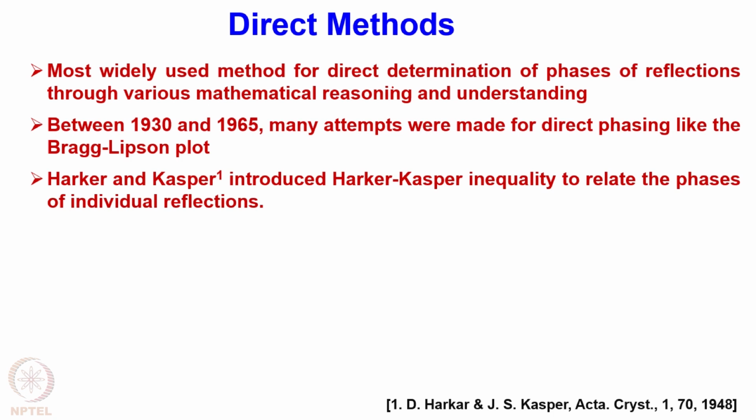For using the Harker-Kasper inequality, one can write that FHKL square is less than or equal to F000 square, where F000 is the amplitude of the structure factor at the reciprocal lattice origin.